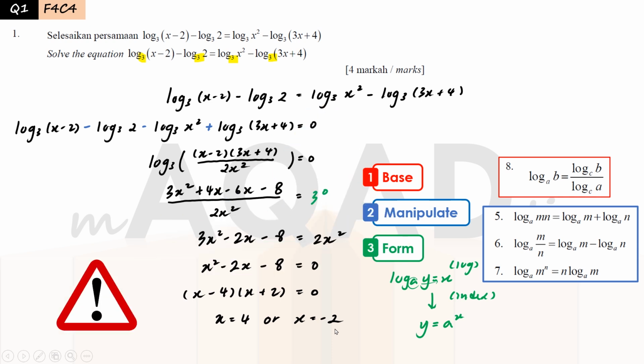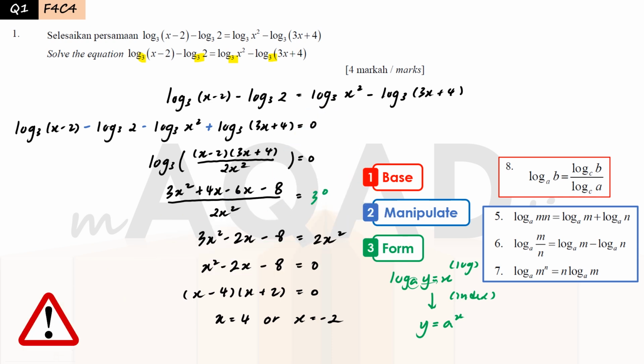But here, most of the students will forget, which is to check whether these 2 values can be substituted back into the logarithm values here. Alright, so logarithm values, as you know, the value of x here must be greater than 0. Meaning it cannot be a negative value. Right? For example, this x minus 2.